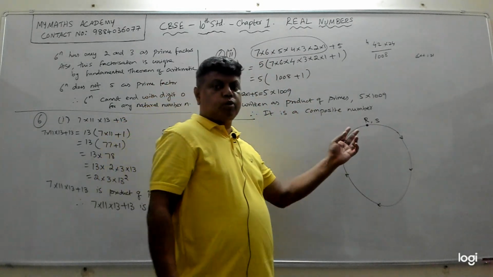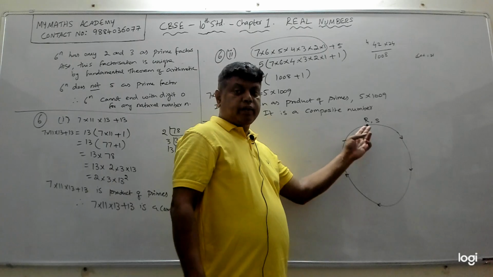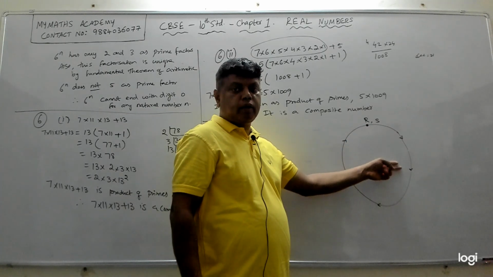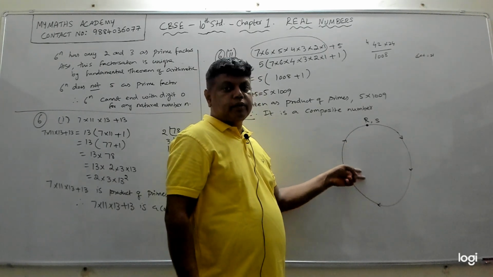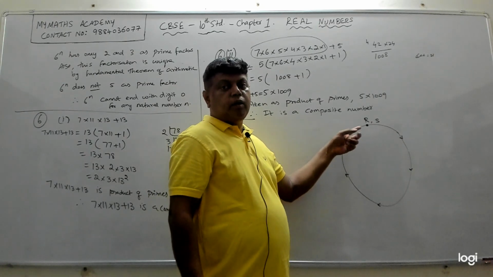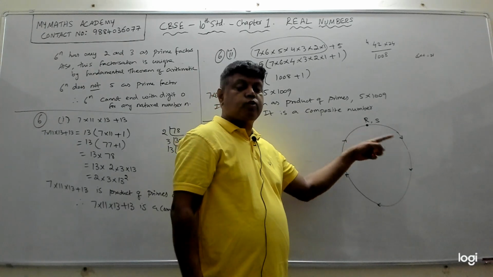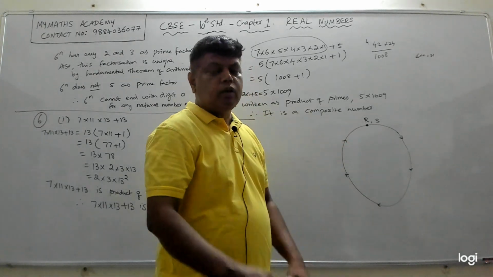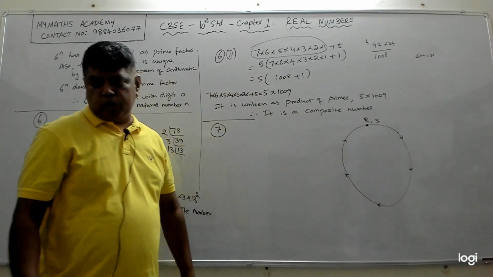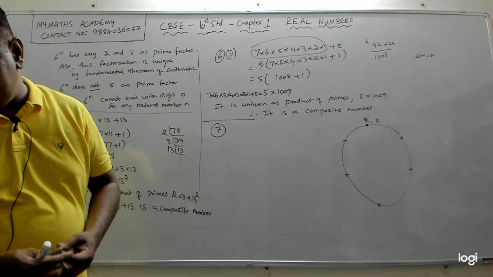First, both of them start from the same point here, at the same time, going like this. But to go one complete round, Sonia takes 18 minutes and Ravi takes 12 minutes, which means Ravi goes faster than Sonia.